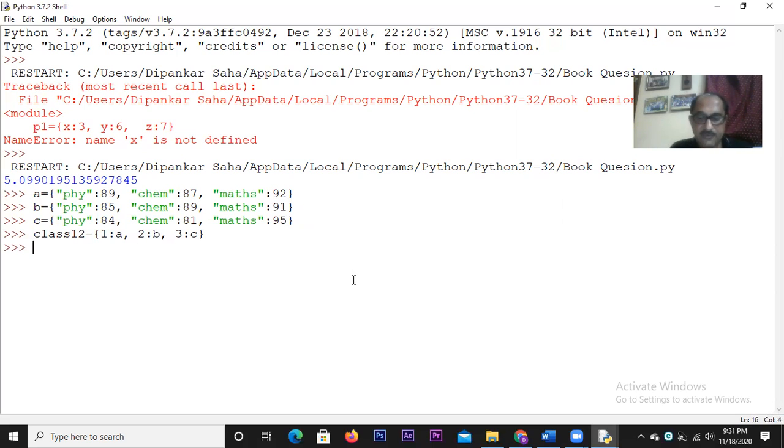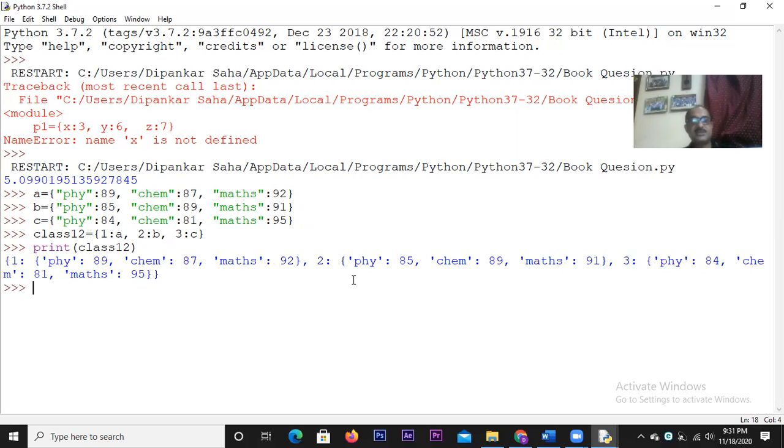You can see if you print class 12, look at this, how it looks like. It looks like 1 is a key, and the value part of the key-value combination is itself another dictionary. Fine.